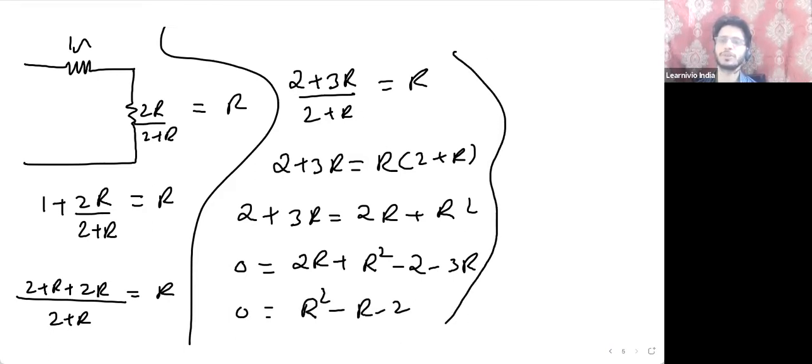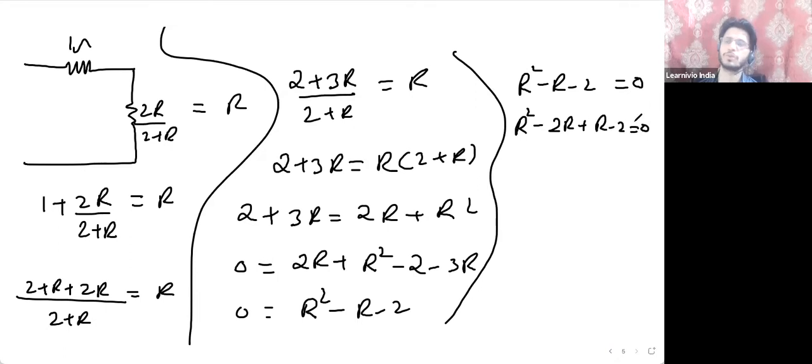You get a quadratic equation. Get the roots of this quadratic equation: R square minus R minus 2 is equal to 0. I can write this as R square minus 2R plus R minus 2 equal to 0.